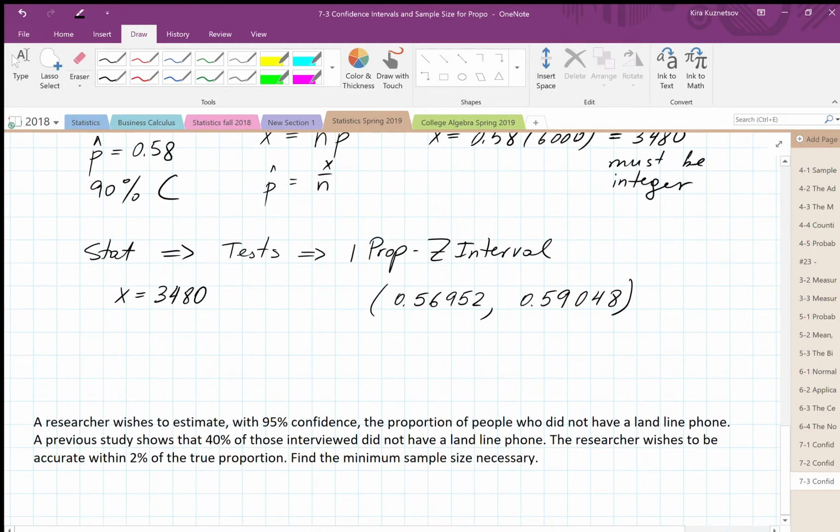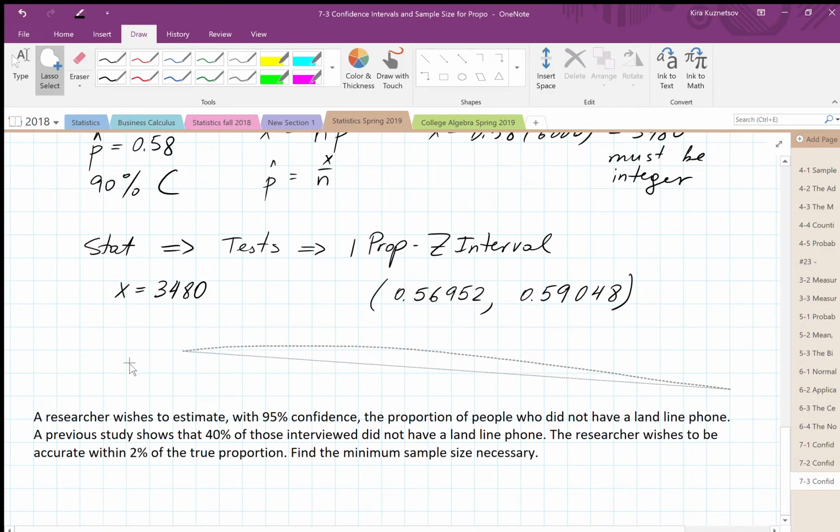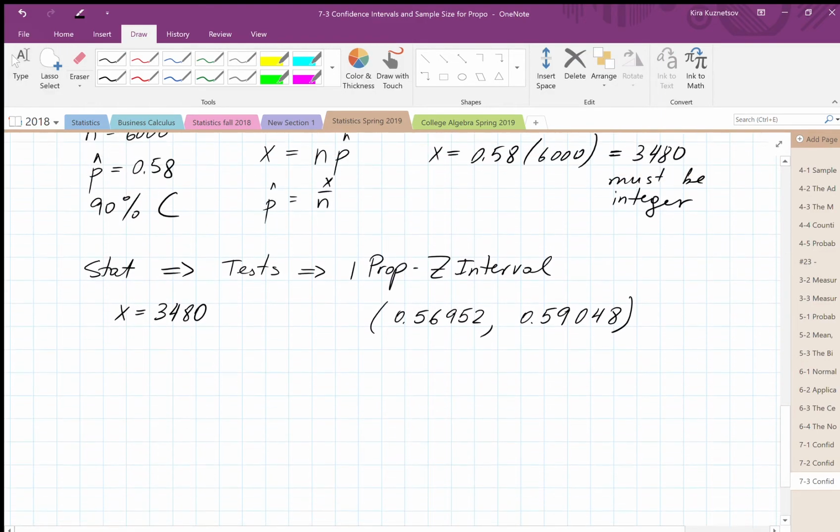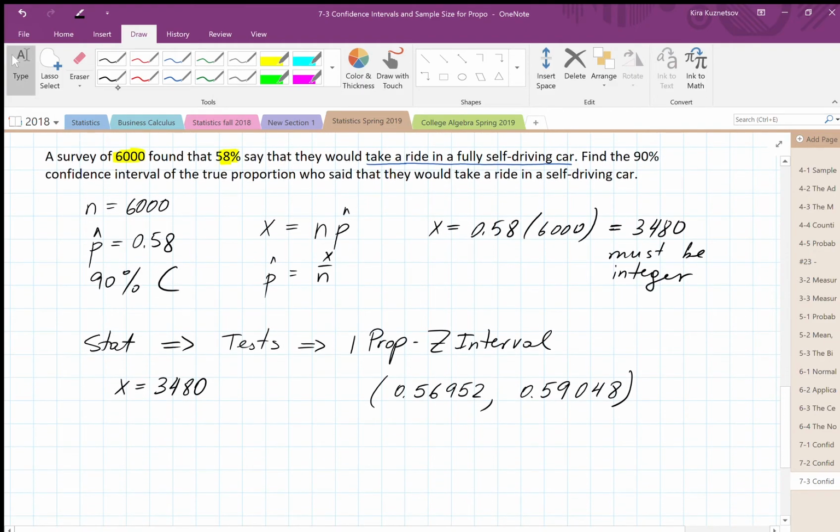But before we continue, two things. Number one, check np-hat and nq-hat. 6000 times 0.58 is equal to that 3480. I already have that number.